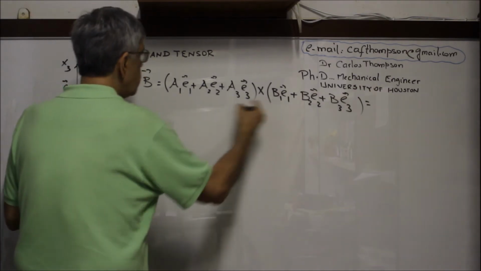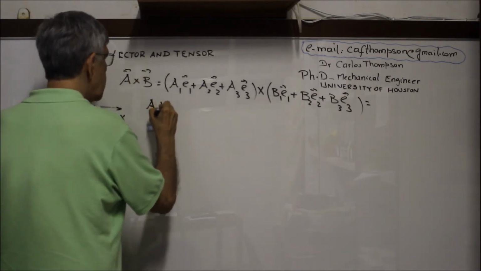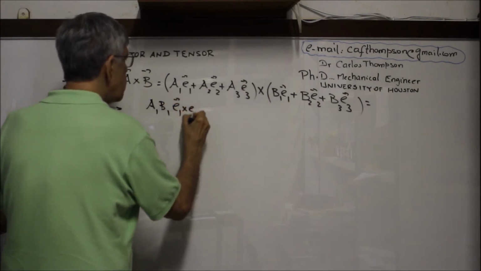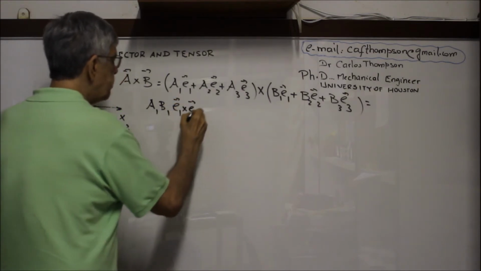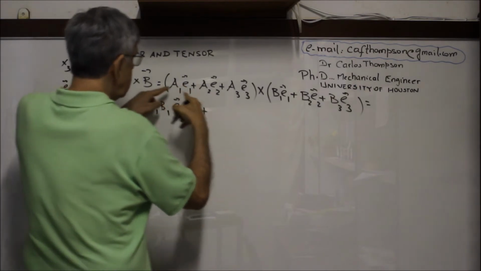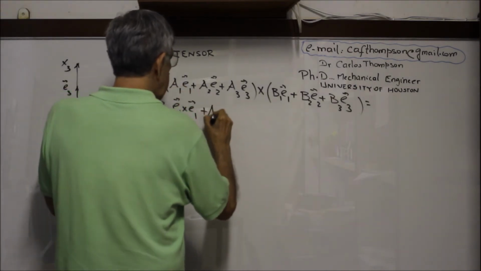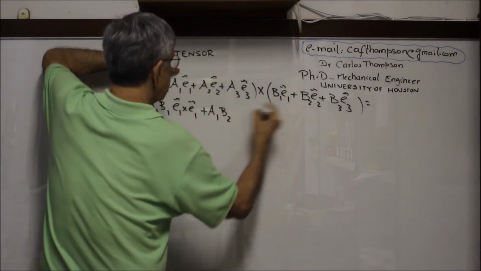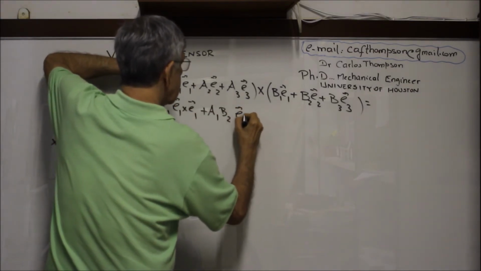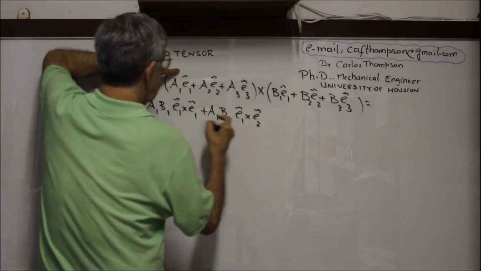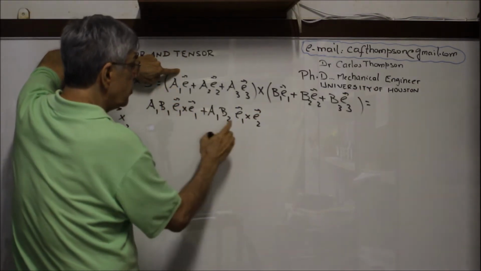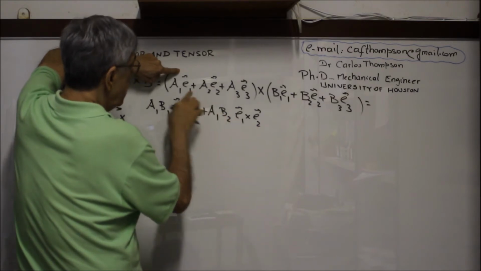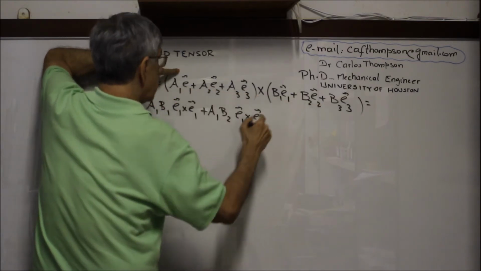This is A1 B1, E1 cross E1, plus A1 B2, E1 cross E2. You see, you have to be careful. You cannot put here E2 cross E1. You keep the same order, okay?